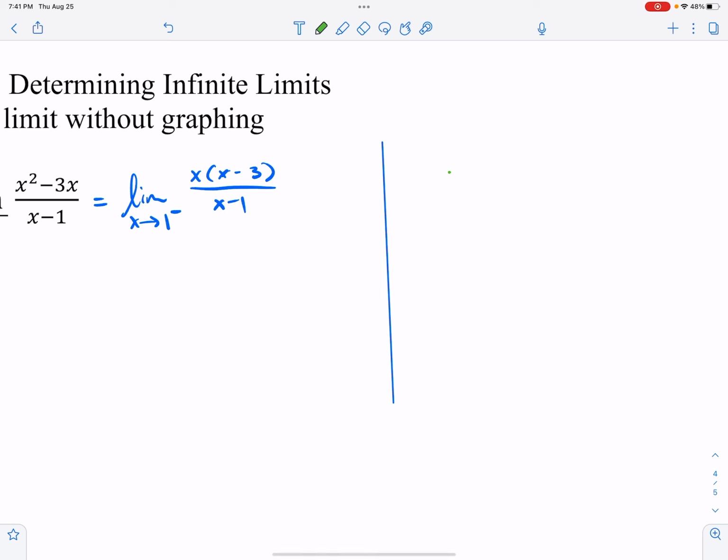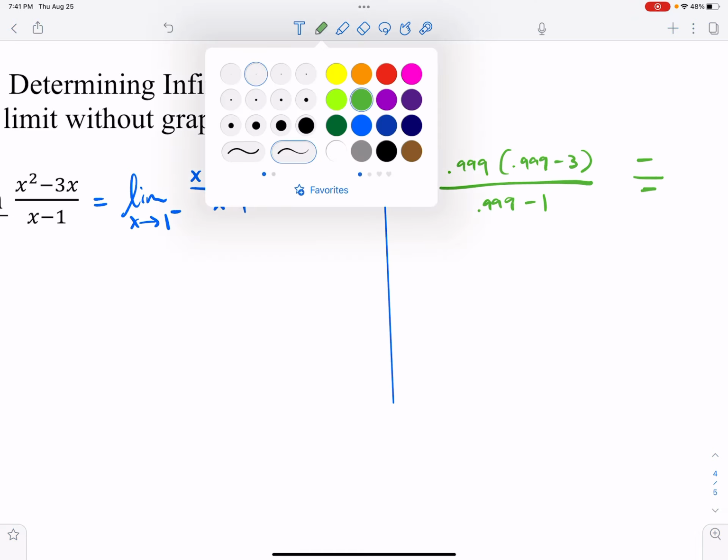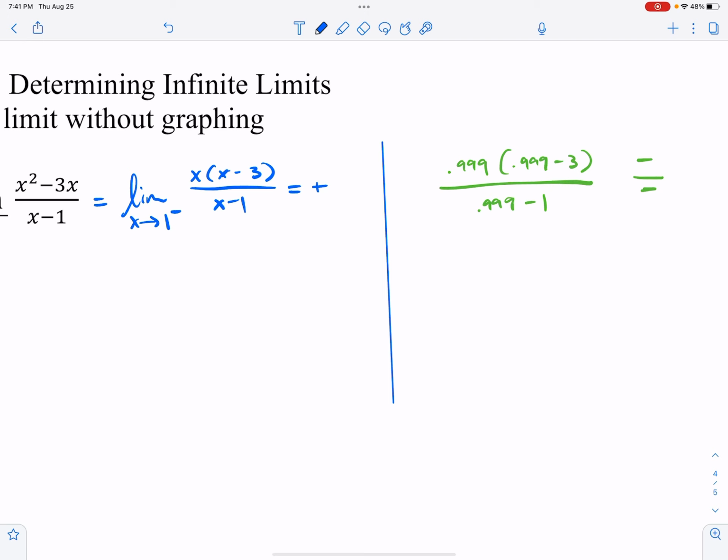So if I did 0.999 times 0.999 minus 3, 0.99 would work fine too, over 0.999 minus 1, okay, so that's a positive times a negative will be a negative in the numerator. Negative in the numerator. And then the denominator would also be negative. So that indicates positive infinity. So this would be positive infinity.